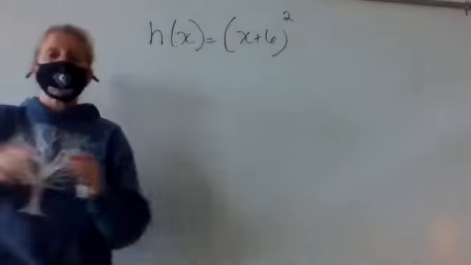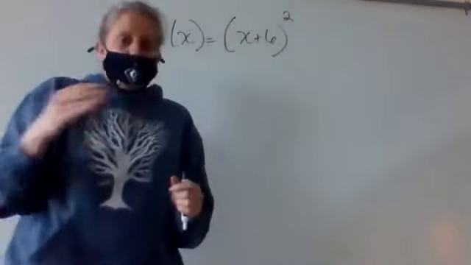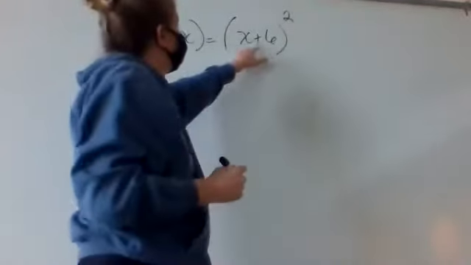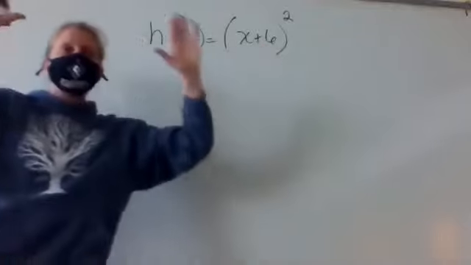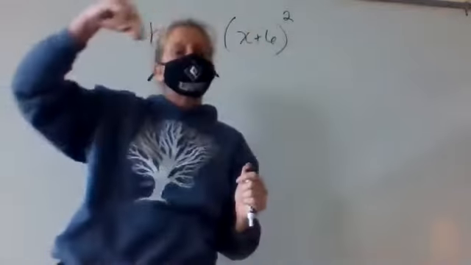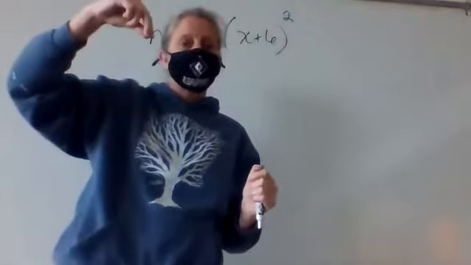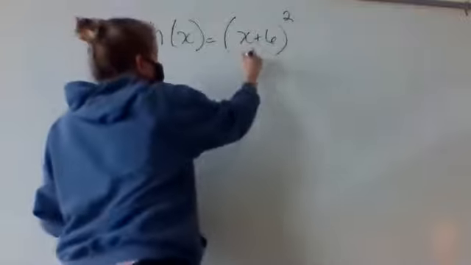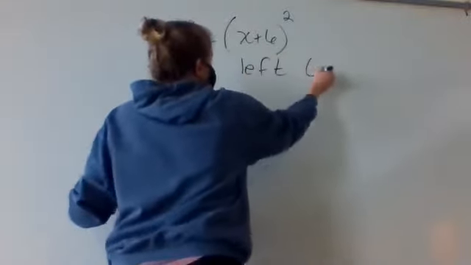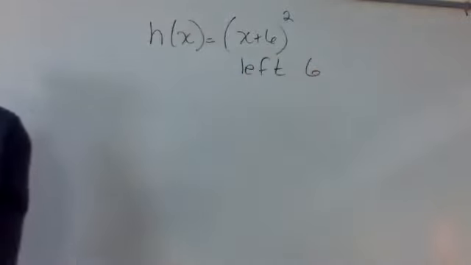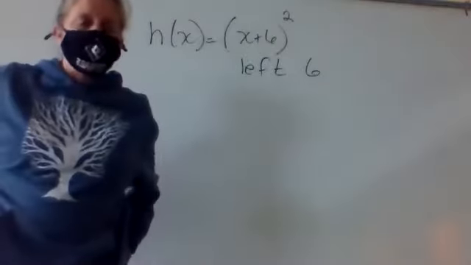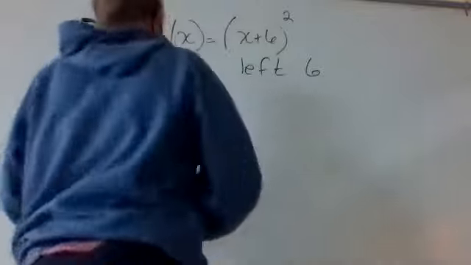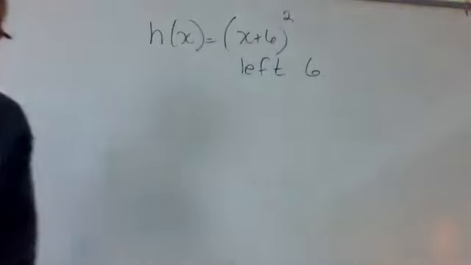So this is going back to that transformation section, right? With our inside and our outside numbers. So what would a plus 6 inside do? Remember what inside numbers do? They shift you left and right, but you go opposite of the sign. So this plus 6 would actually shift you to the left 6. So that one's also true. It would shift the x squared graph to the left 6.